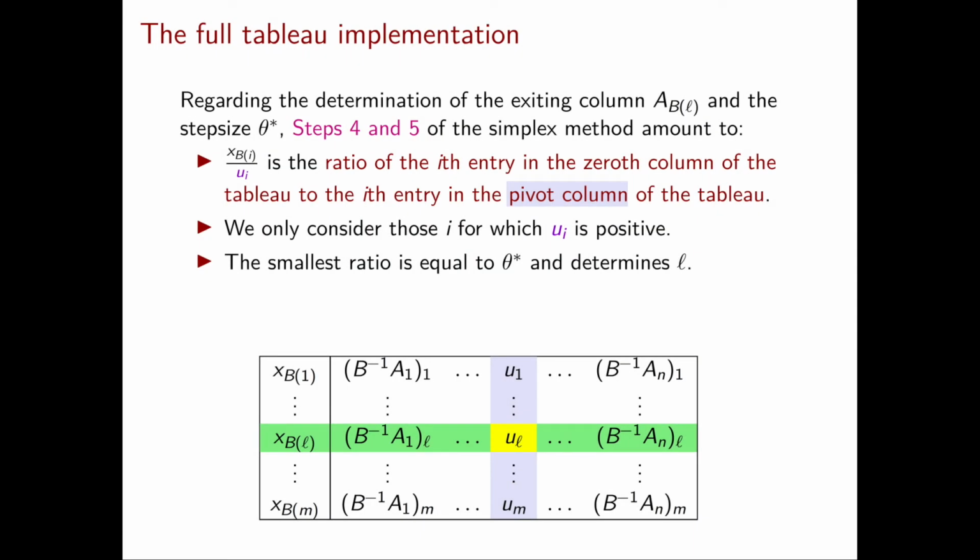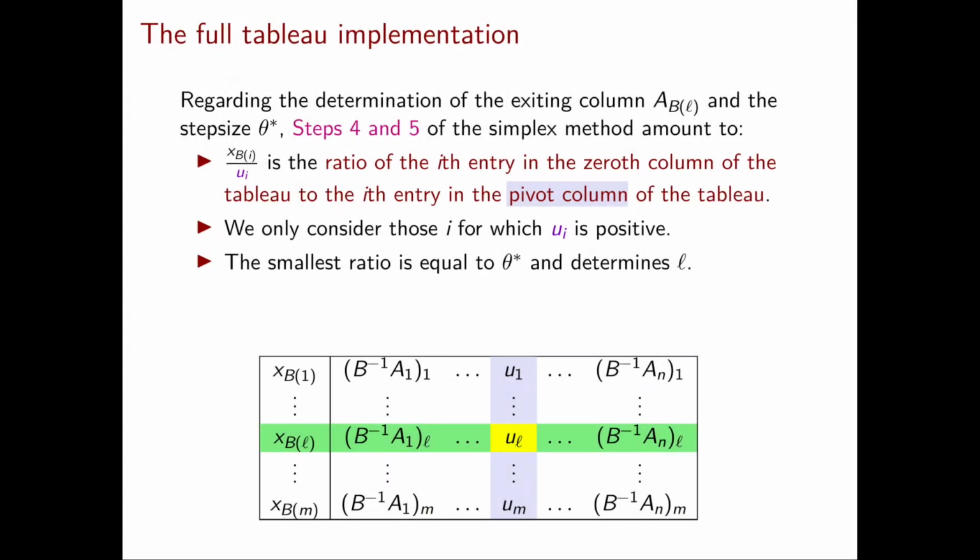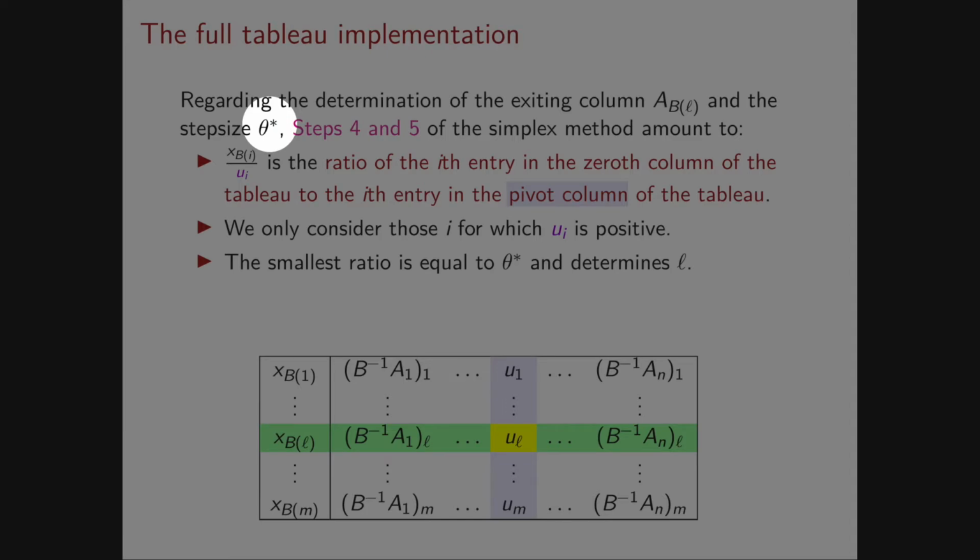Similarly, let's see how we can rephrase in our full tableau the determination of the exiting column A_B(L) and the step size theta star, which are performed in our steps 4 and 5. Now, theta star is defined as the minimum of the x_B(i) over u_i's. Now x_B(i) can be found in the tableau in the 0th column in row i, while u_i can be found in the pivot column in the same row i.